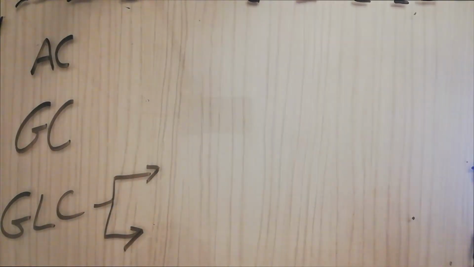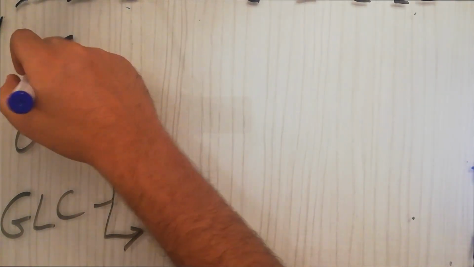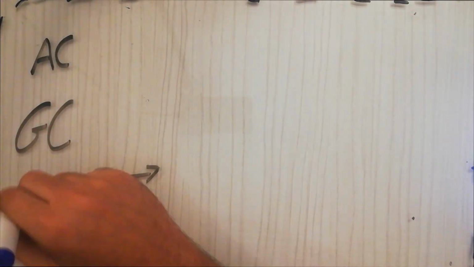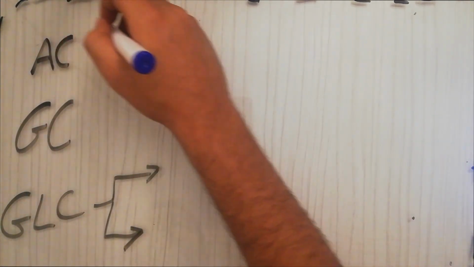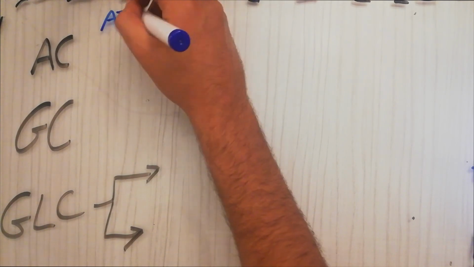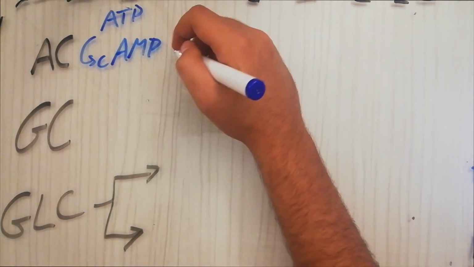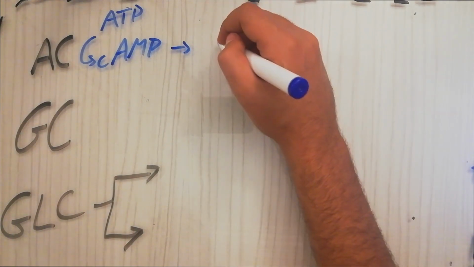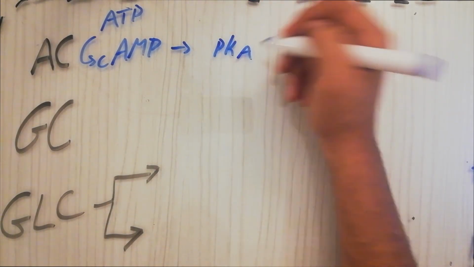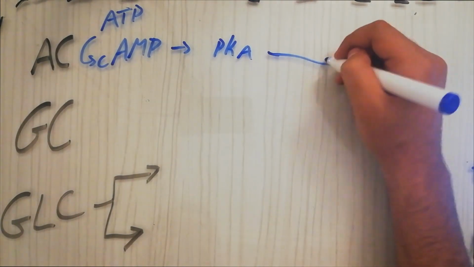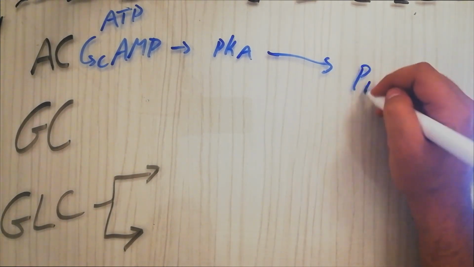And let's start with the 2 similar second messengers, which are adenylyl cyclase and guanylyl cyclase. And adenylyl cyclase converts ATP into cyclic AMP. And this cyclic AMP then activates protein kinase A, which leads to the phosphorylation of proteins.